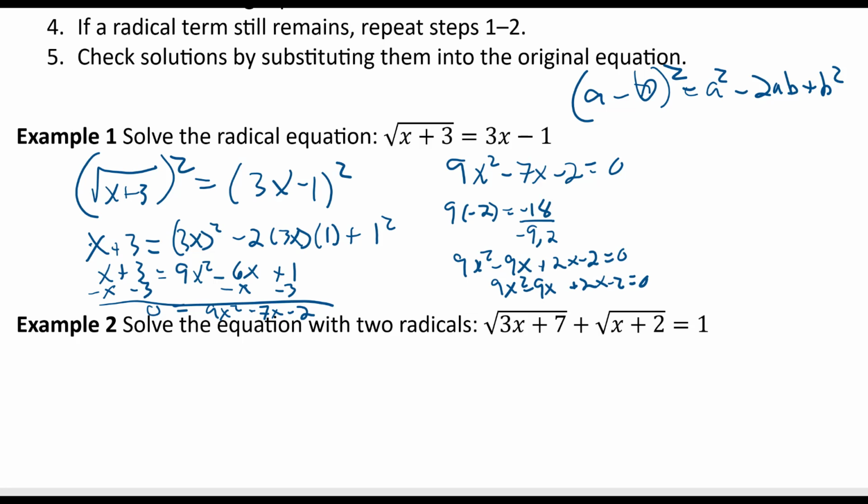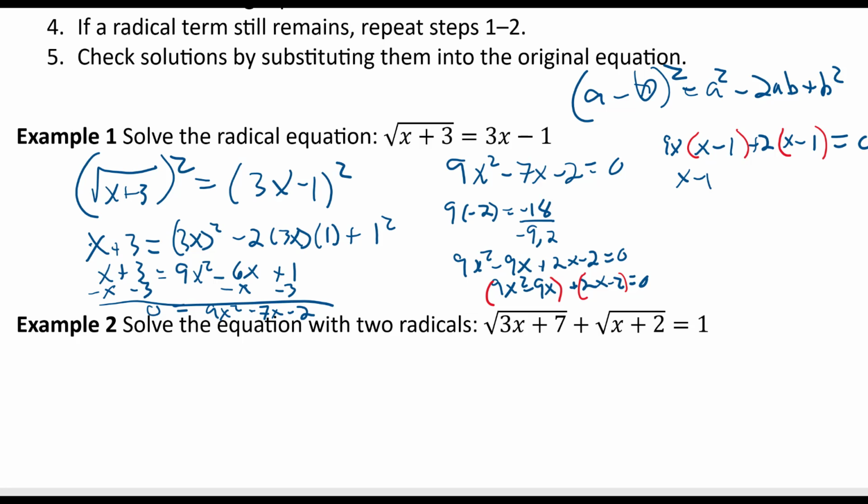I'm going to group the first two together, group the last two together, and what are we going to have? I can pull out a 9x out of the first pairing. So it's 9x times x minus 1 plus 2 times x minus 1.